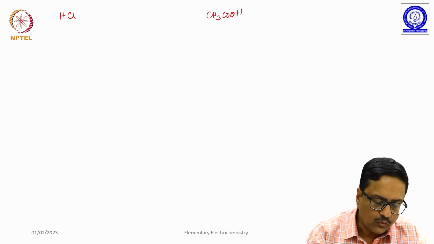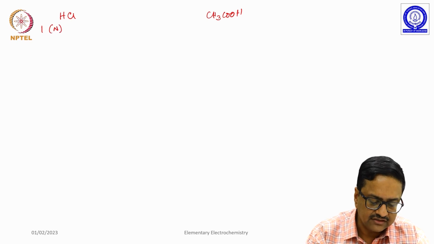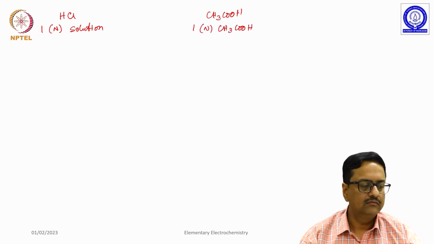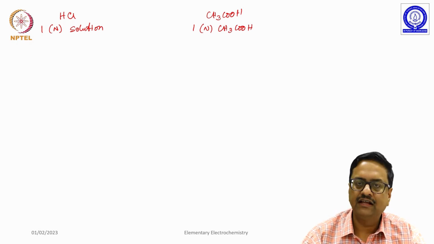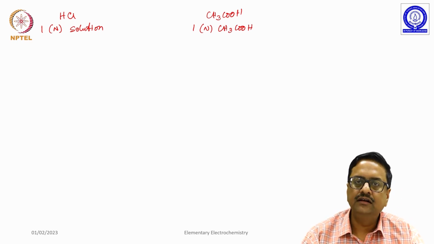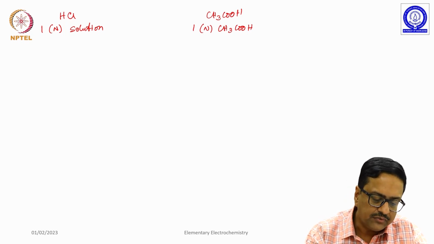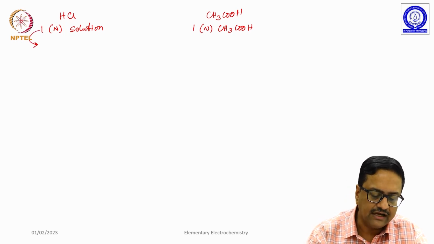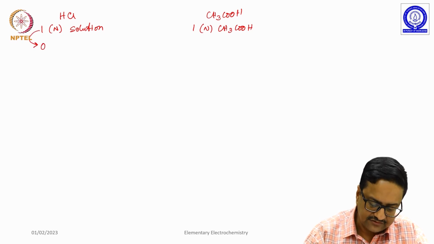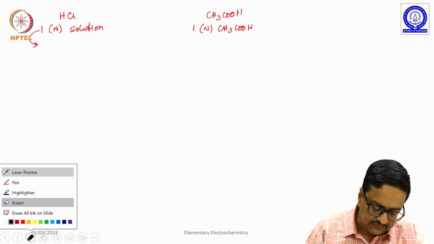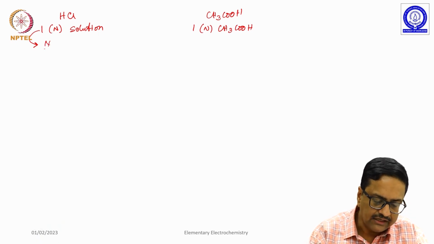We will take one normal HCl solution and one normal acetic acid solution in two volumetric flasks, and using a very standard 50 ml burette, we will prepare exactly half dilute, that is, N by 2.